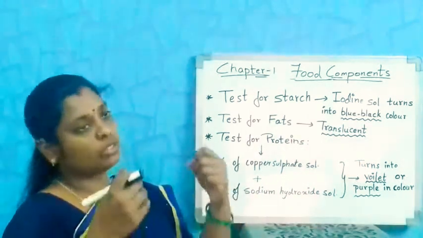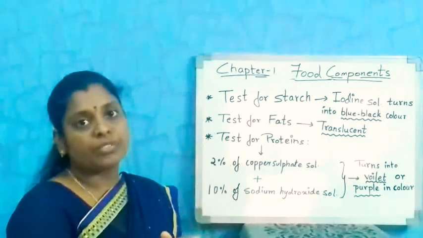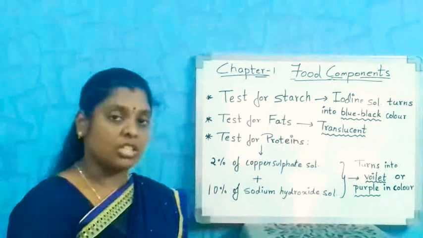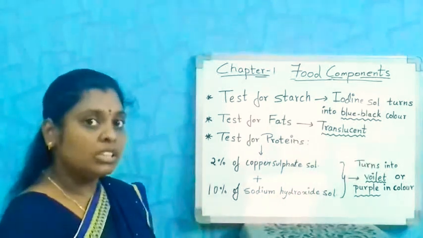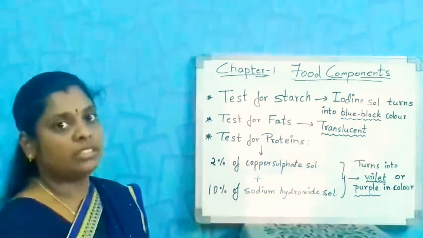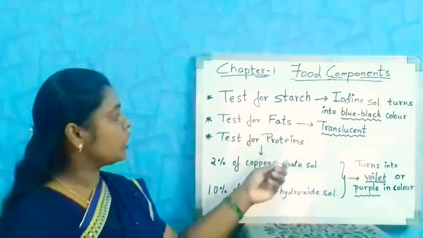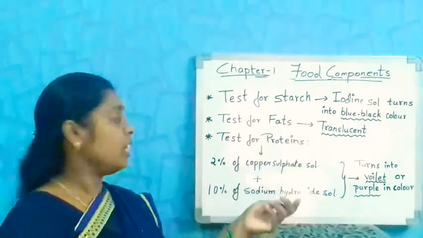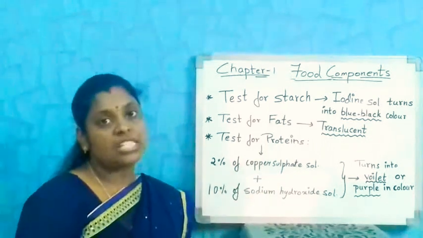If you look through that paper, you can see outside objects also. So we call it translucent. If the paper turns translucent, then we can say that the given food item contains fats.